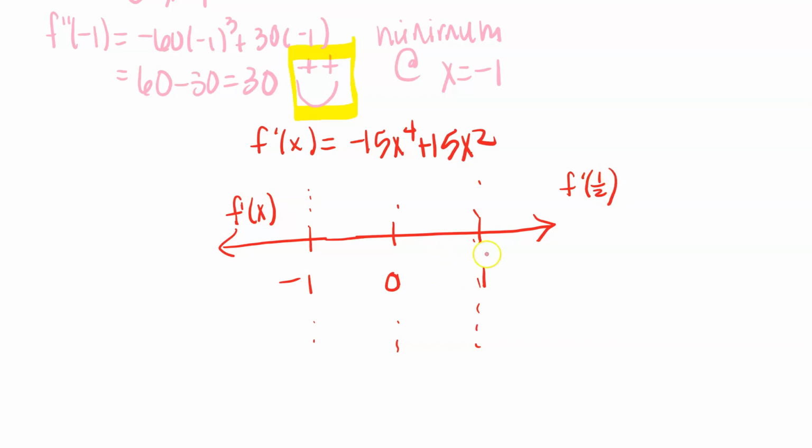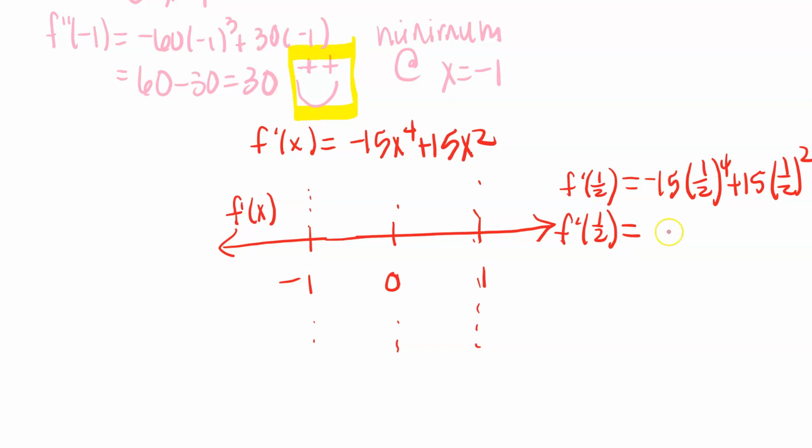That would be equal to negative 15 of 1/2 to the 4th plus 15 of 1/2 squared. Using our calculator, we get f prime of 1/2 equal to 2.8125. And really, I'm only concerned that that's a positive number here. So we've got positives going on here.